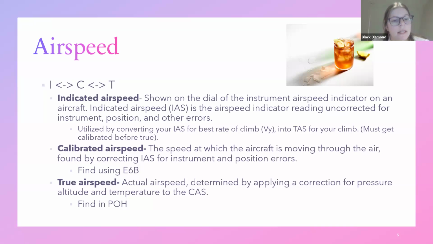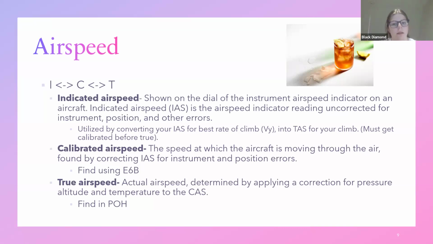Indicated airspeed is just shown on the dial of your instrument. It is just what appears on the airspeed indicator. It hasn't been corrected for instrument position and any other errors yet. It's just exactly what the instrument is reading. You're going to utilize your indicated airspeed, for example, with your best rate of climb, your VY.